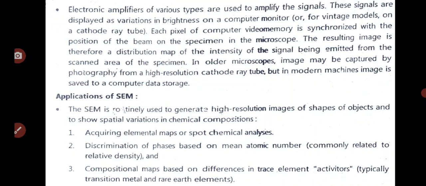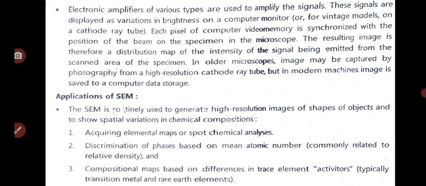So the next point considered here is the application of the scanning electron microscope. The scanning electron microscope is routinely used to generate high-resolution images of the shape of objects and show the spatial variation in chemical composition.